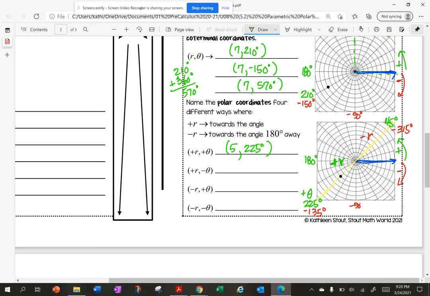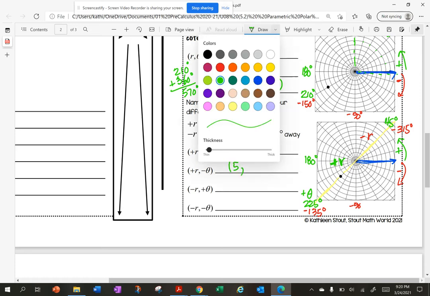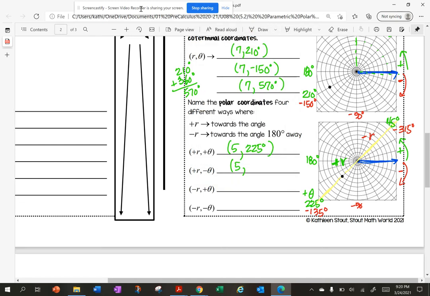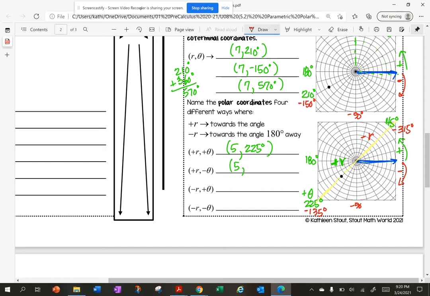So my positive R in my negative rotation, this is negative 135. So this is in the negative rotation, so negative 135. Okay.